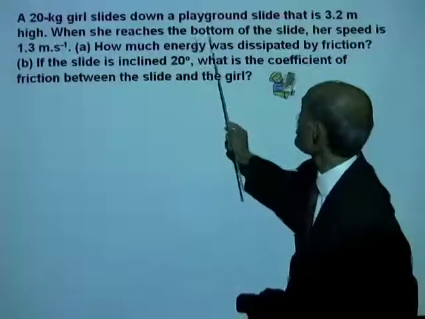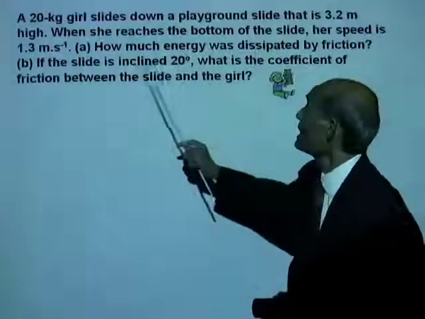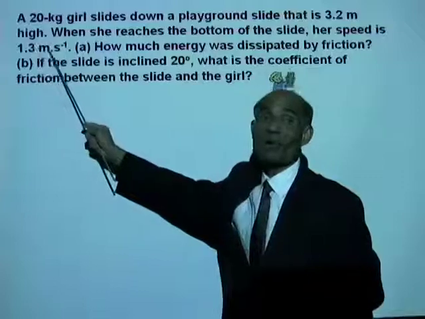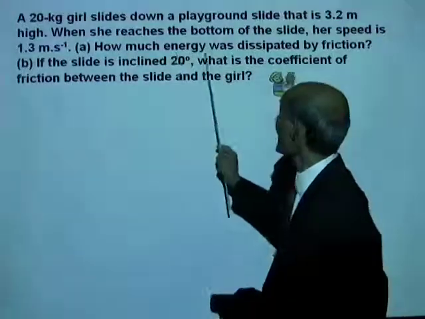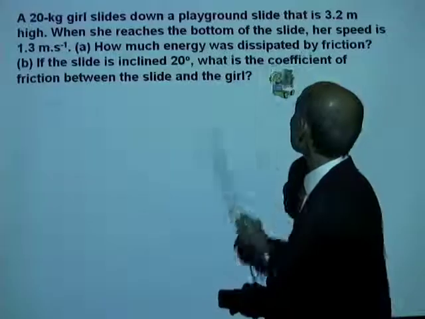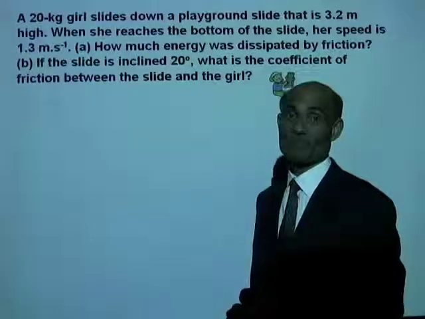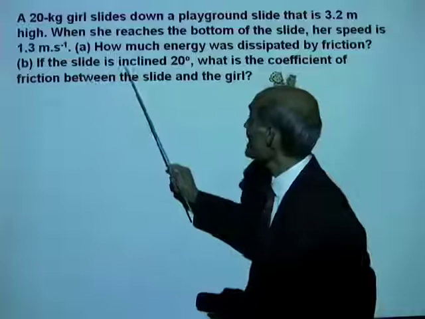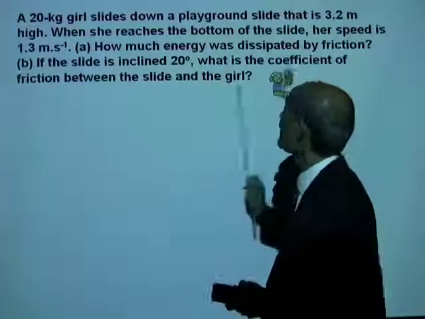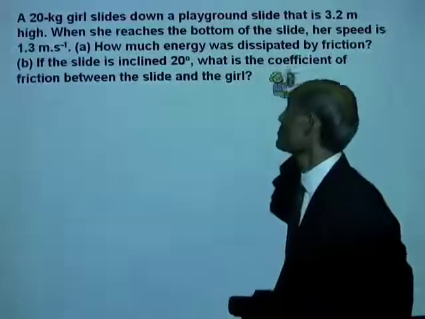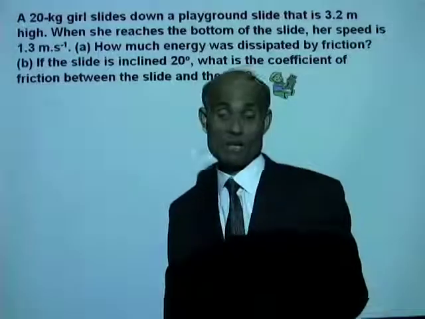When she reaches the bottom of the slide, her speed is 1.3 meters per second. How much energy was dissipated by friction? If the slide is inclined 20 degrees, what is the coefficient of friction between the slide and the girl?